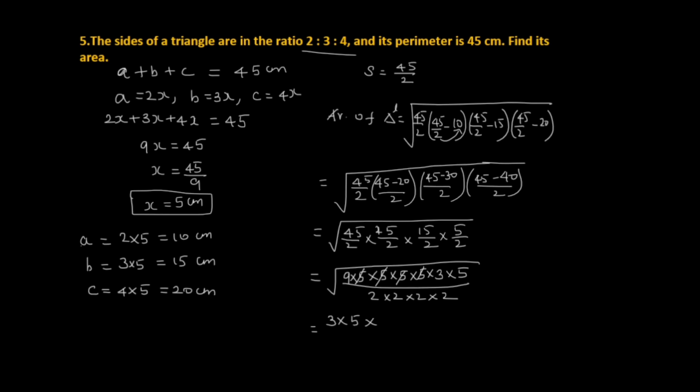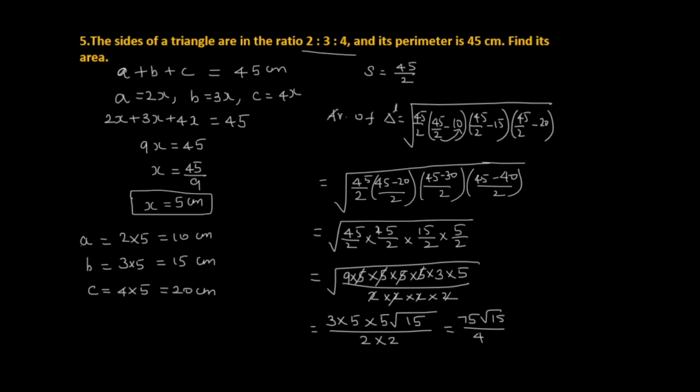For the next two 5s, we can take one more 5 outside. Then the remaining 3 and 5 do not have pairs, so 3 fives are 15, we keep it as it is. In the denominator, for these two 2s we take one 2 outside, and for the other pair we get one more 2 outside. Now 25 3s are 75 root 15 divided by 4.